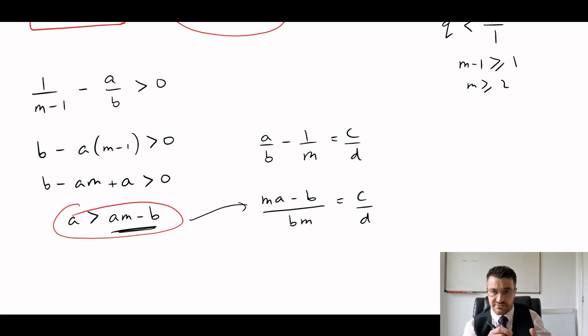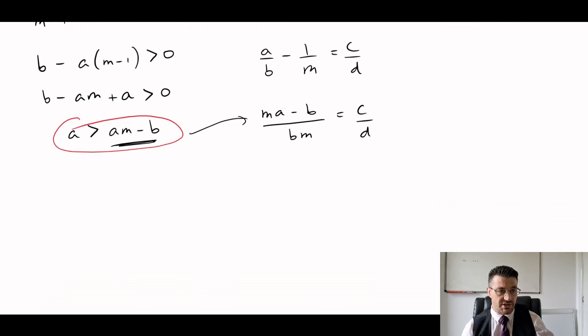Okay, it's written in a slightly different form, but it's the same expression, right? AM minus B, MA minus B. So I still wasn't necessarily totally convinced at this point, but I was becoming more convinced. So I decided to use that and write that A over BM is equal to C over D. Okay, so sorry, not equal to, is greater than. Beg your pardon.